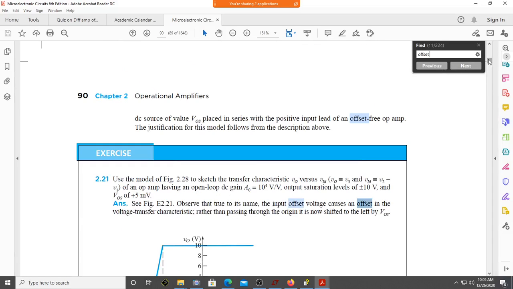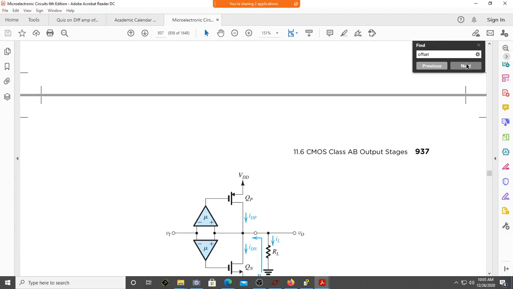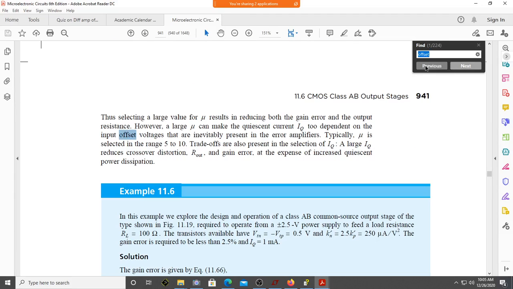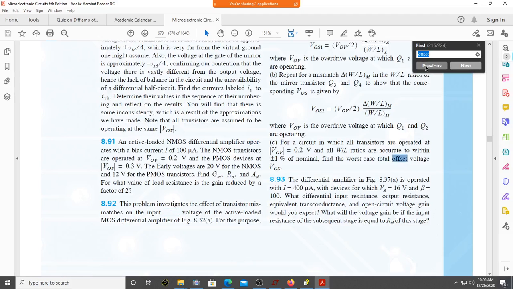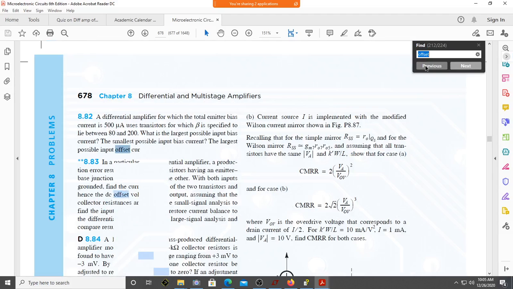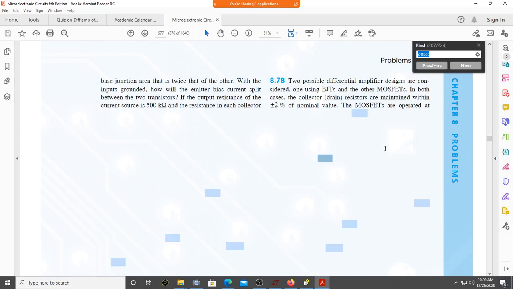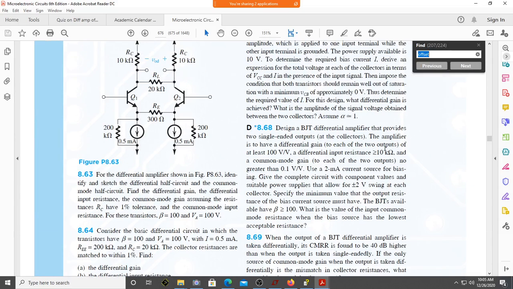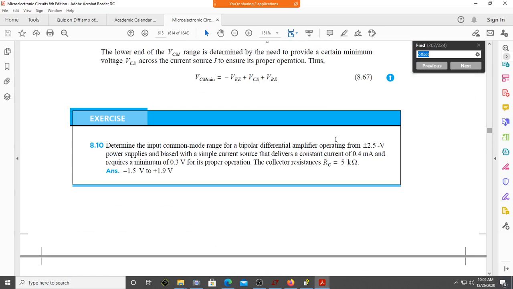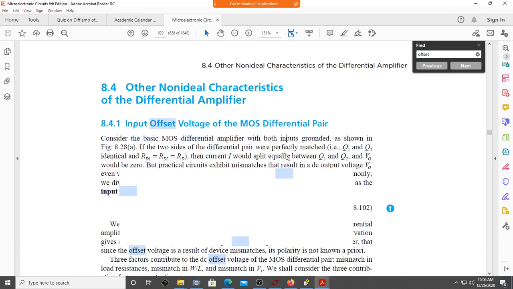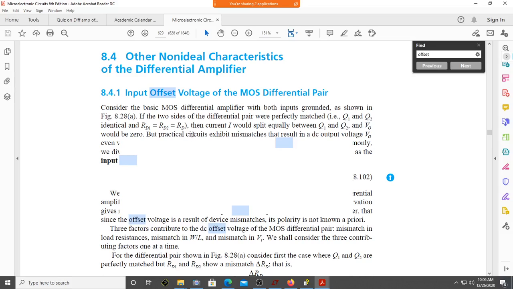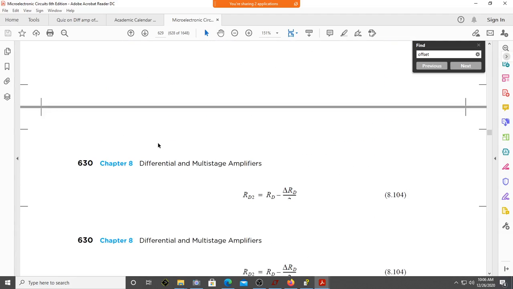It's too far away, let me go down here. Which is the chapter for your operational amplifier? Okay, differential and somewhere here. Okay, I hope it is visible. Is it visible? Okay, let me just show you this.